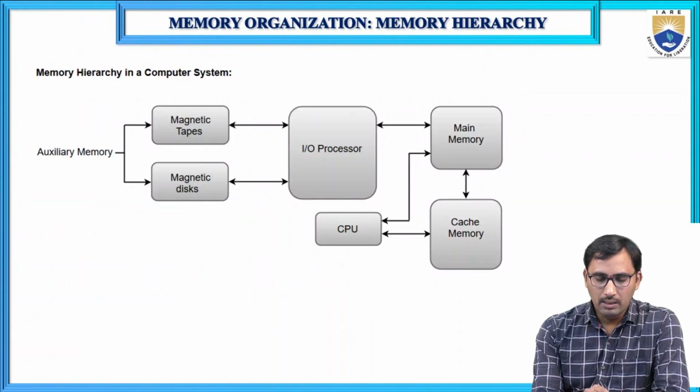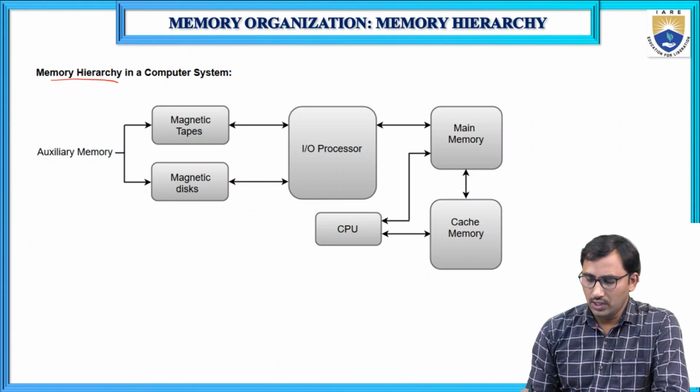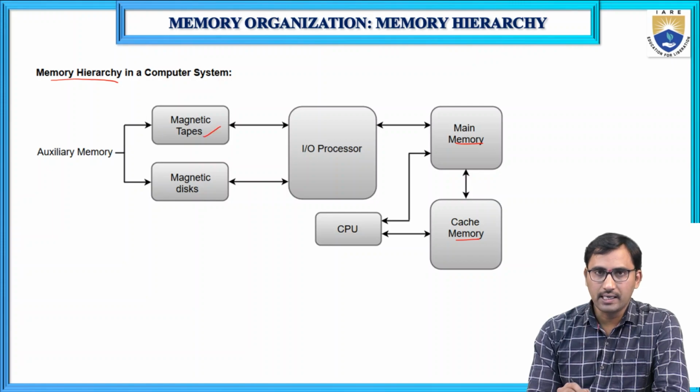So this is the memory hierarchy of the computer system. This block diagram shows how various memory devices are connected with the CPU. Here we can see main memory, cache memory, and auxiliary memory such as magnetic tapes and magnetic disks.